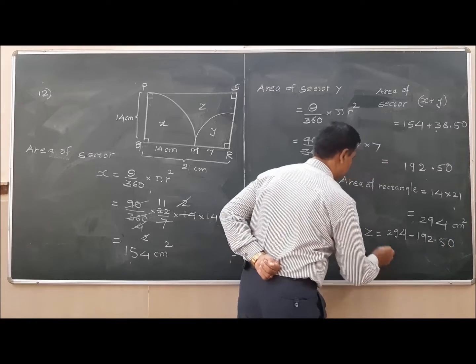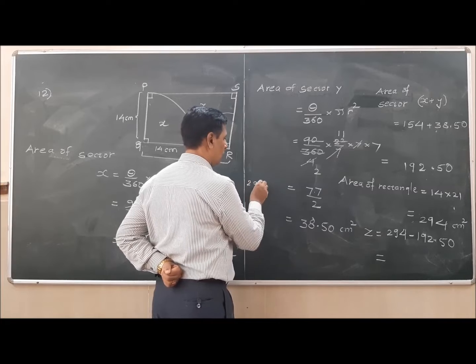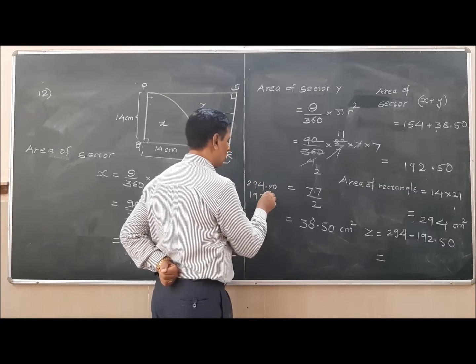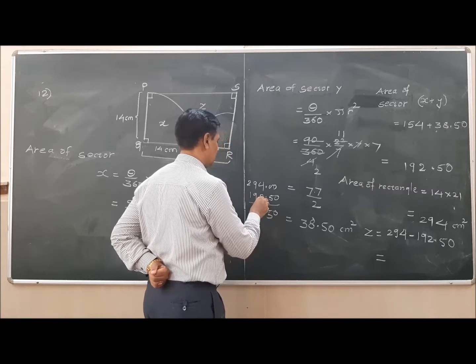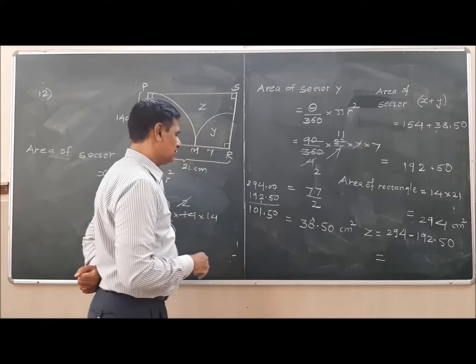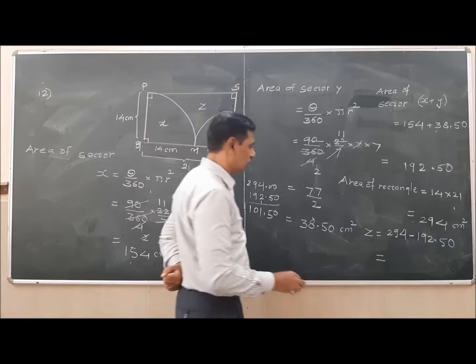So we have to now do the calculation: 294.00 minus 192.50. So the final answer I'll get as 101.50, that is the value of Z.